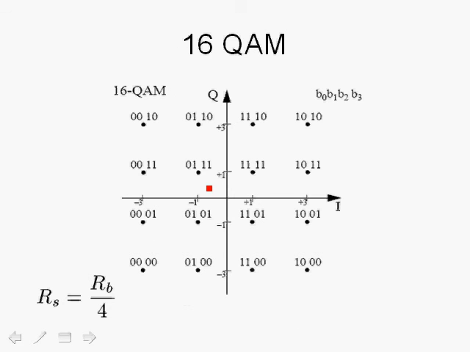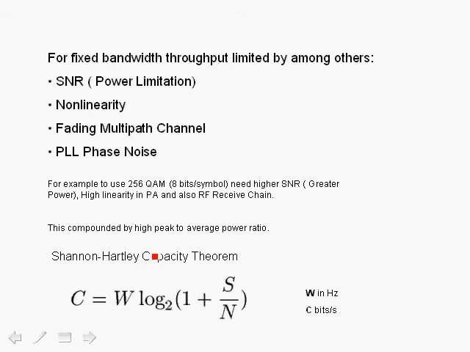So if we intend to increase the throughput by using more points in the constellation, then we have to have more complex designs, and we should also meet signal to noise ratio requirements. If we take a look at the Shannon-Hartley capacity theorem shown over here by this expression, if W is expressed in hertz, then C, the capacity of the channel, is expressed in bits per second, and we note that there is a limit on the signal to noise ratio.